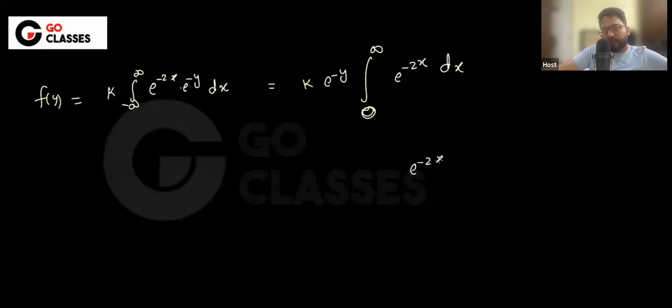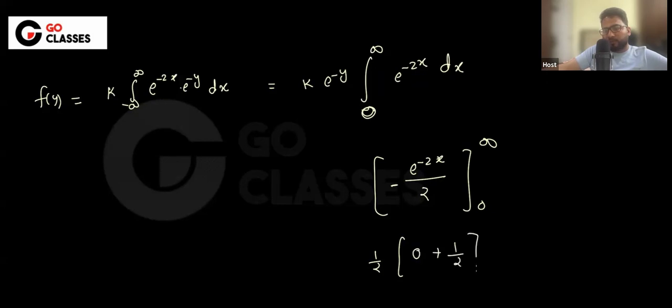So it is e power minus 2x upon 2, and then this is minus, from 0 to infinity. So 1 by 2 you can take outside, right? If you put infinity, then it is basically 0, then plus 1 by 2.